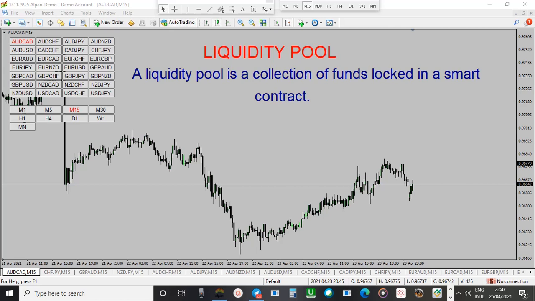Some people call it smart money. Some people call it where you can enter profitably to make profits. Some other people call it where others are hanging, where money is locked. So that is what we call liquidity pool.